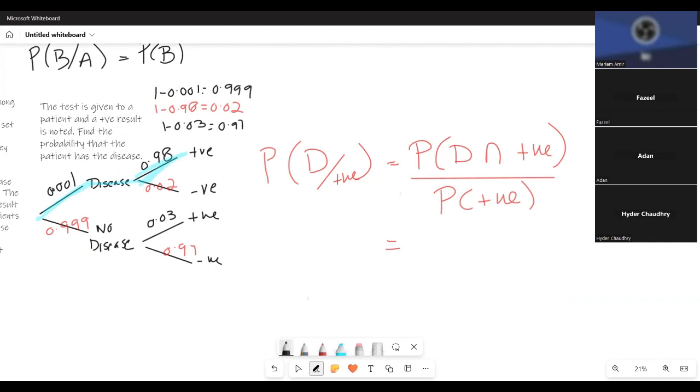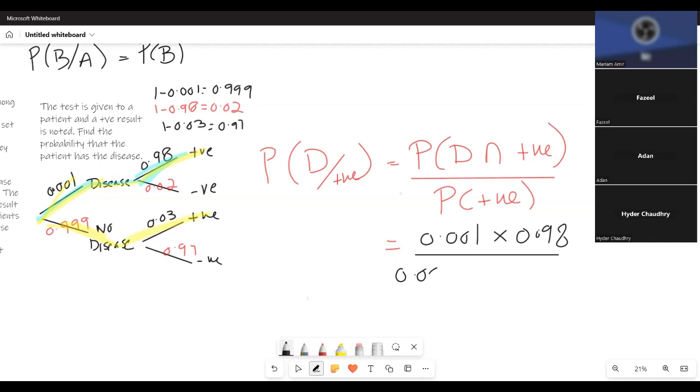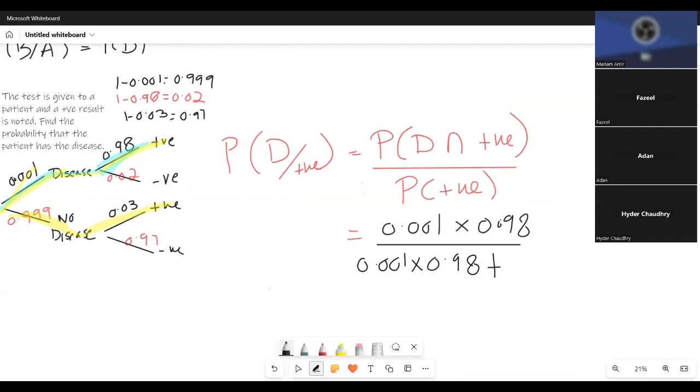So that's 0.0001 times 0.98 upon probability of positive result is here. डिजीज होके भी पॉजिटिव हो सकता है और डिजीज ना होके भी पॉजिटिव हो सकता है। सो इसमें हम क्या करते थे वो लेवल्स में, 0.0001 टाइम्स 0.98 प्लस सेकेंड ब्रांच में जाते थे, एक ब्रांच को खत्म करके सेकेंड ब्रांच में जाते थे और बीच में प्लस लिखते थे, प्लस 0.999 टाइम्स 0.03.